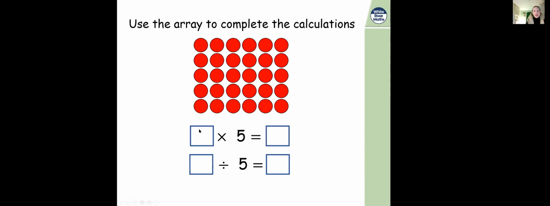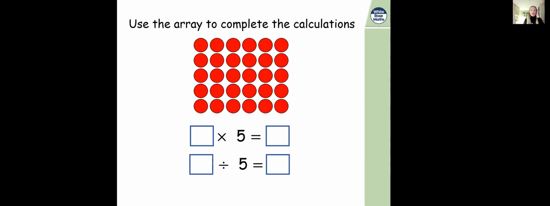It says something times 5 equals something. And then it also says something divided by 5 equals something. So we need to work out a times and a divide, and we're doing that by 5.